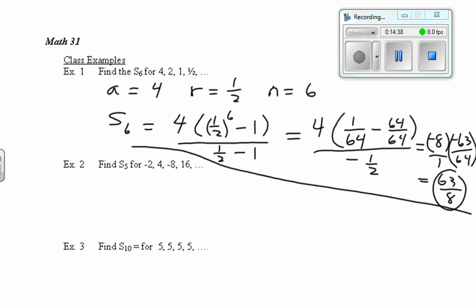Let's try S5. Okay, now class, maybe you felt a little bit left out. So I'm going to give you one to do. All right, example 2. Your chance to kick some math butt. Example 2, much like example 1. How about you try it?